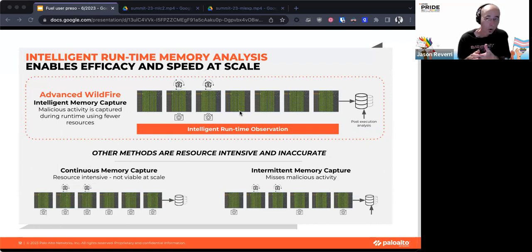So it's a lot more tenable to be able to consume, in this example at the top, 2 full memory snapshots instead of 6 memory snapshots with continuous memory capture.